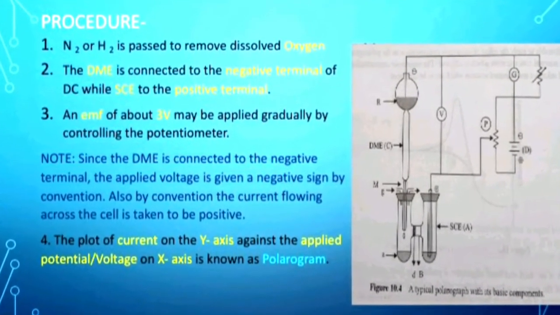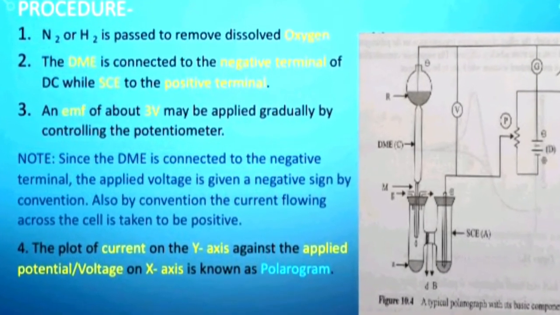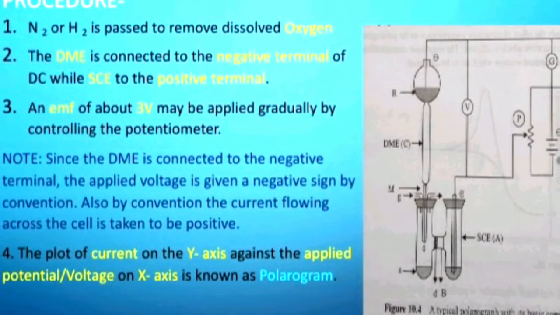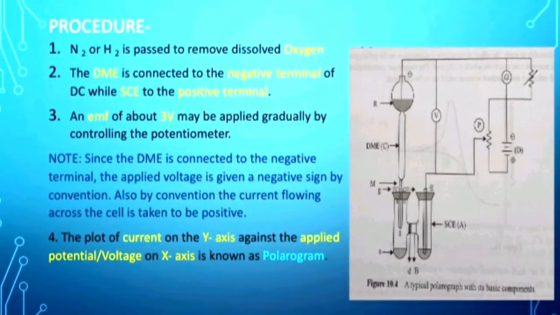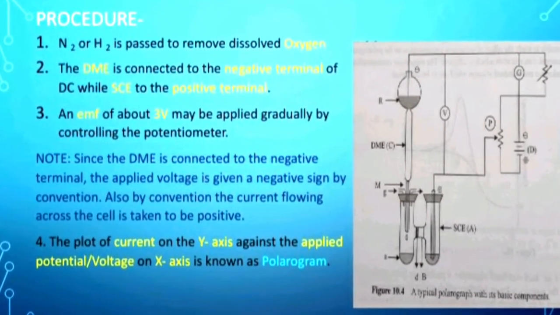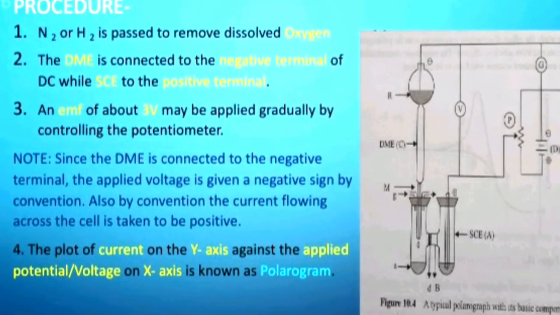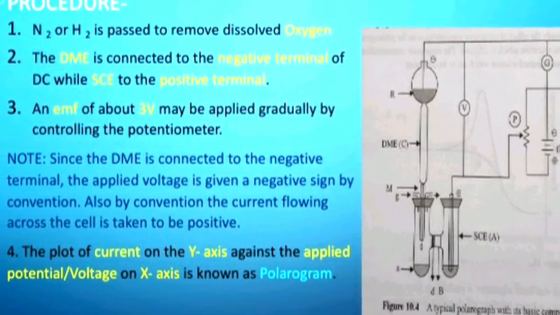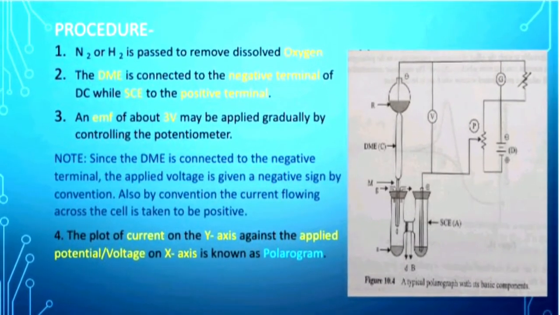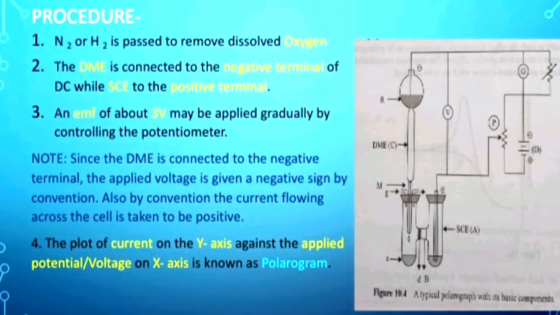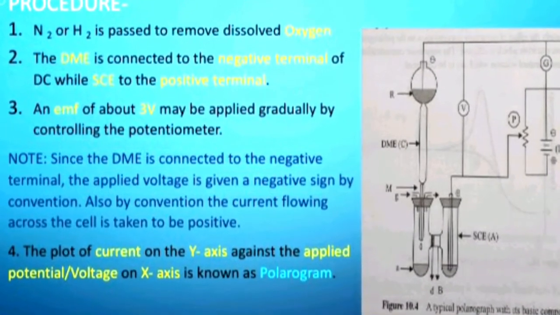A point to be noted here is that the applied voltage is given a negative sign by convention only because the DME is connected to the negative terminal. So automatically the voltage that you will apply, which is 3 volts, will have a negative sign, which is minus 3 volts. And on the contrary, the current flowing across the cell is taken to be positive.